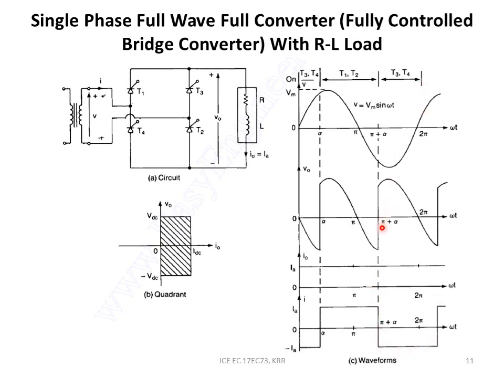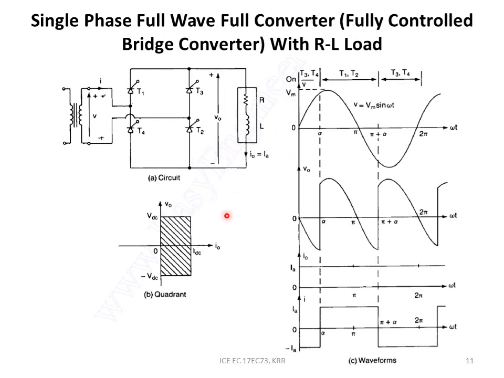T3 and T4 will conduct from pi plus alpha to 2 pi. This will continue until the positive half cycle comes again, and T1 and T2 are forward biased and start conducting. The previous two thyristors will continue to conduct until then. So this is your full wave converter.